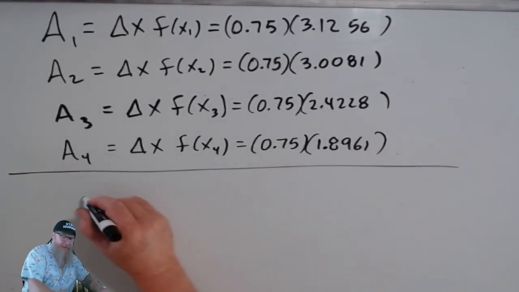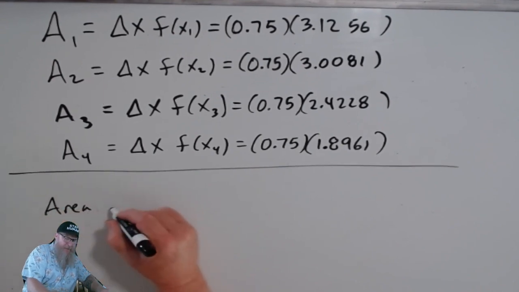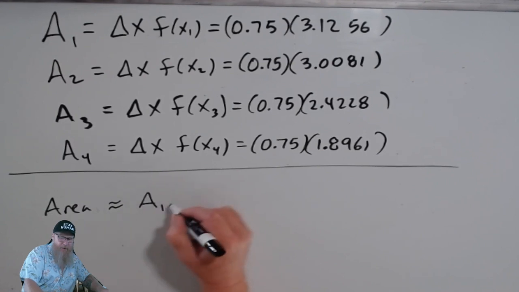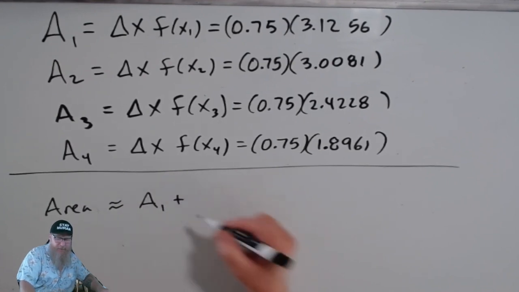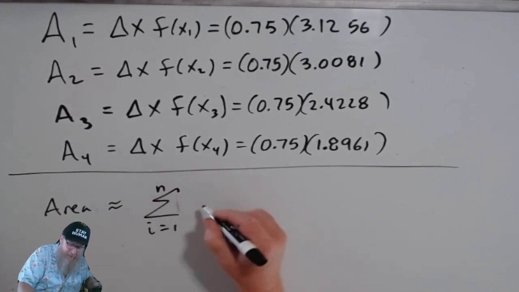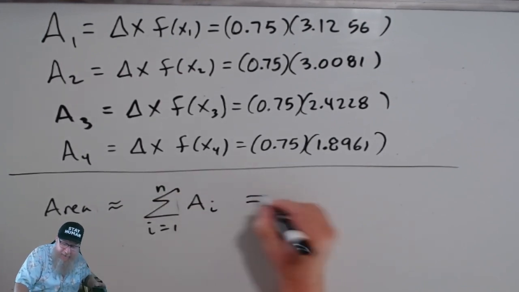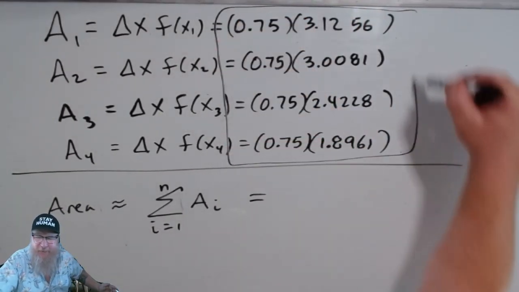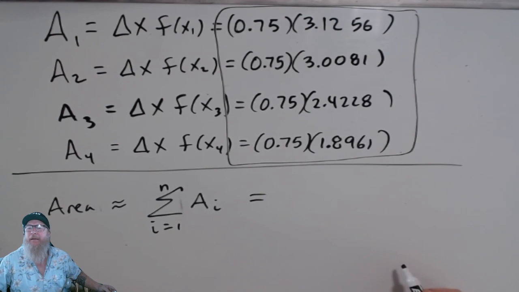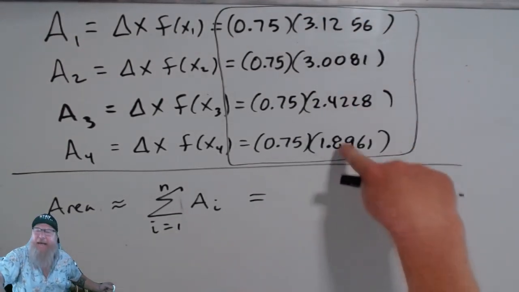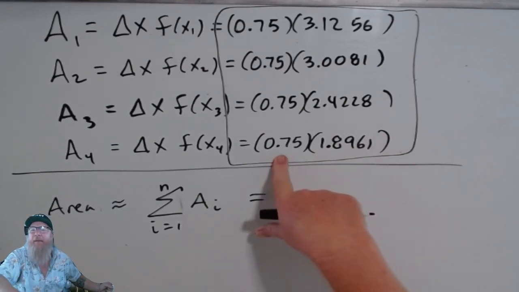And then you're going to add these up. So the area is approximately A1 plus A2, and so on. Let me write it with sigma notation: the sum from i equals 1 to n of A i, which is just adding up all of these numbers. Now you have a choice. You can multiply and then add, or you can add the f's and then multiply by the delta x.